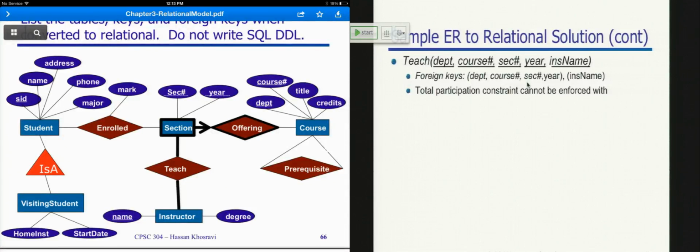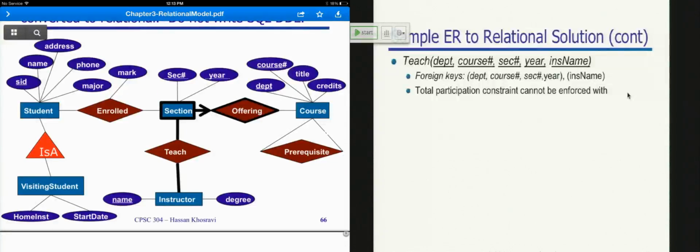Foreign key, you need to make sure that that department and course number, section number, and year exists. So you need to make sure there's such an offering. There should be another foreign key for the instructor as well, to check the name of the instructor.